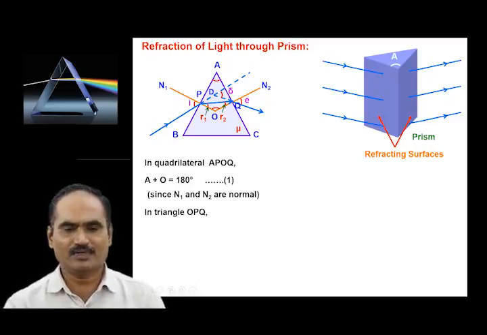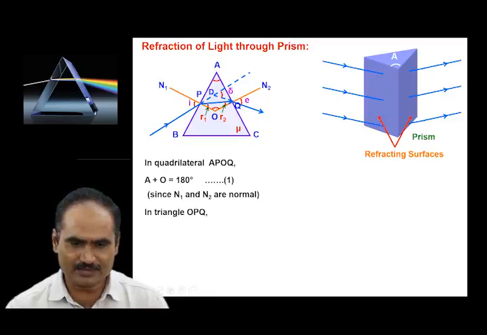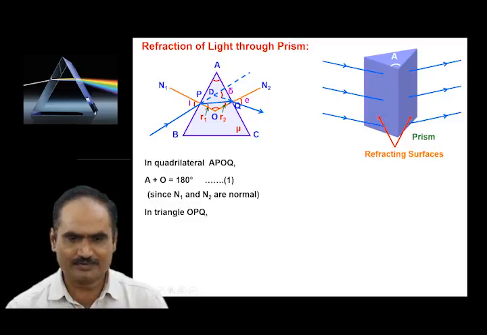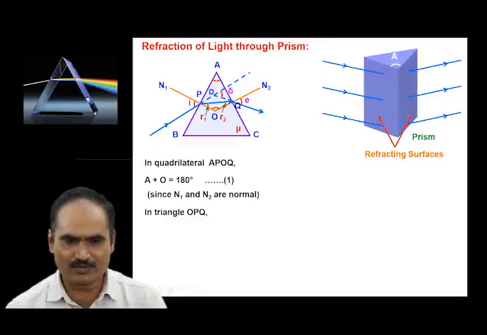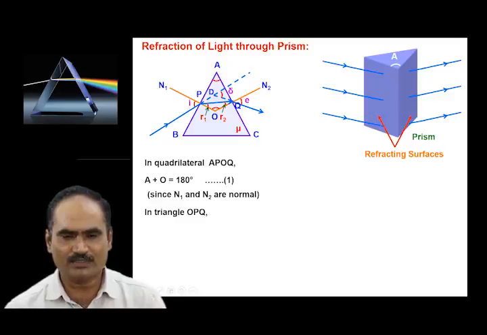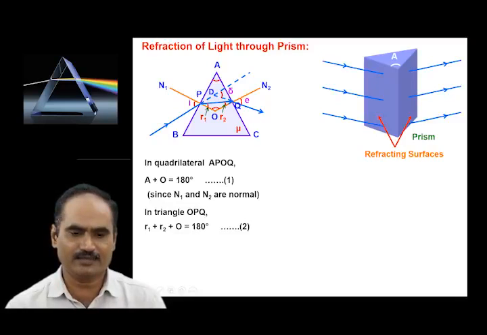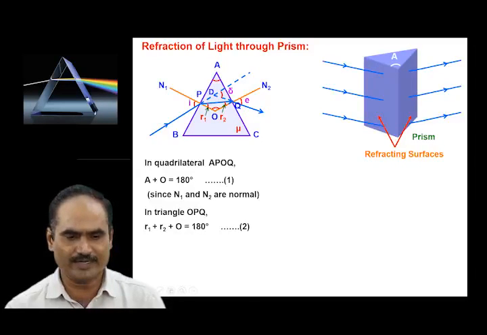Now let us consider this triangle here, where this is I and this is R, this is R1 and this is R2. In this triangle, we can write angle O plus angle R1 plus angle R2 is 180 degrees, because the sum of the angles of a triangle is 180 degrees. Now you see equation 1 and equation 2. Angle A plus O is equal to 180 degrees.